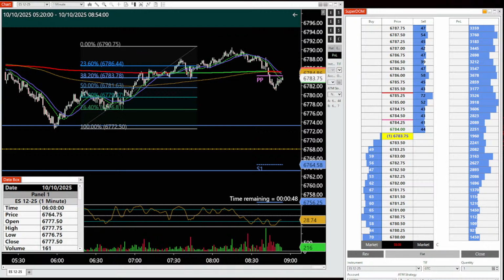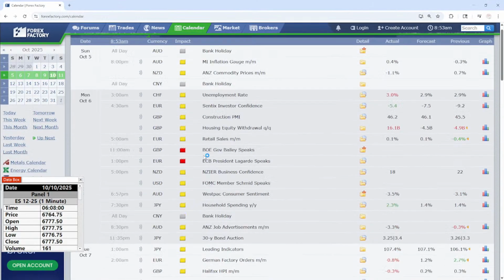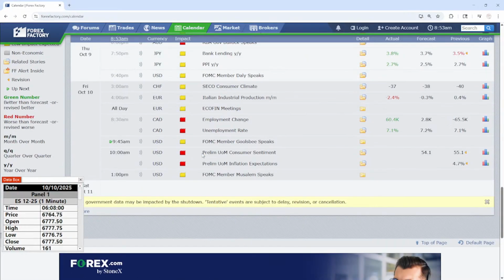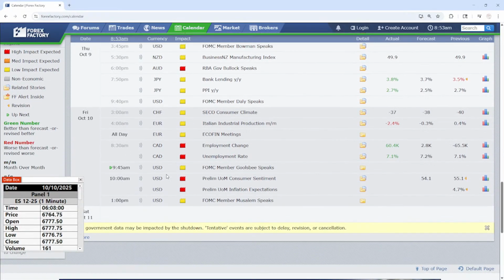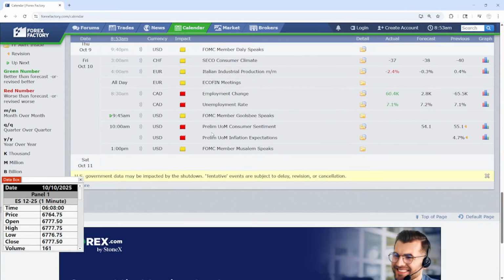Let's pull up the calendar. So today is Friday. We got 9:45 FOMC. 10 o'clock we got University of Michigan consumer sentiment.